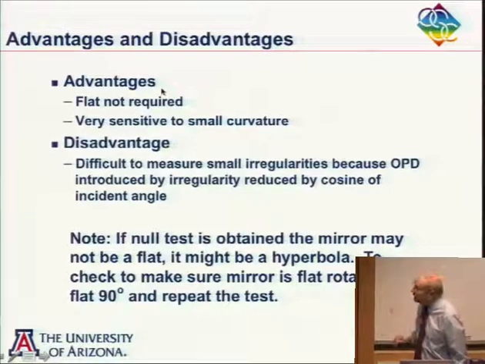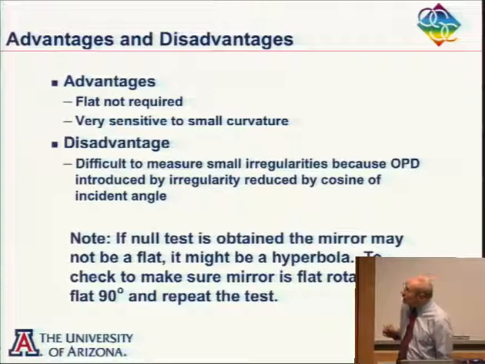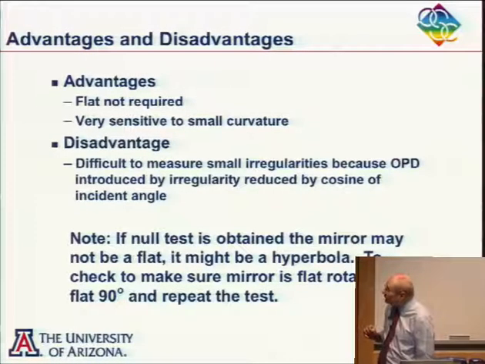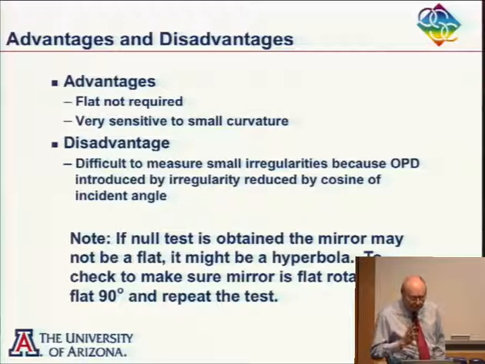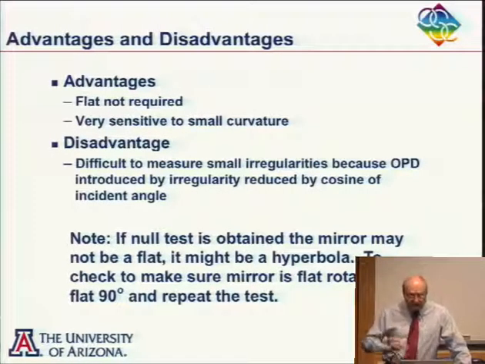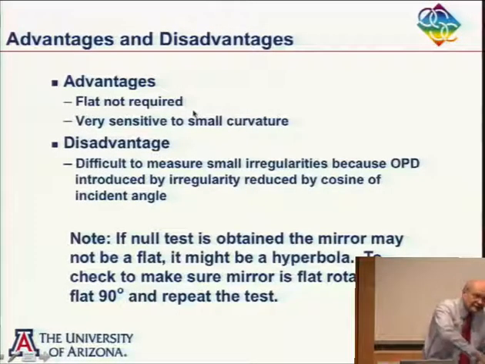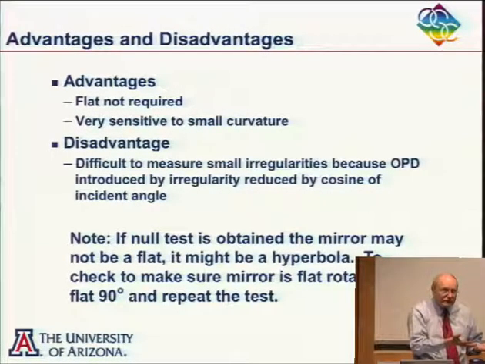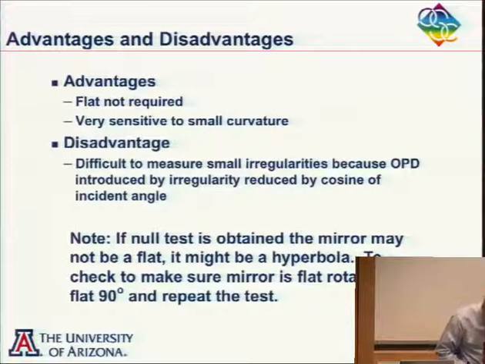Now, if I look at the Ritchie-Common, the advantages: you don't need this large flat. And it's very sensitive to small curvature. Extremely sensitive to small curvature. The problem is, if I'm trying to really measure how good a flat is, when I'm illuminating something at an angle of theta, remember the sensitivity goes down as a cosine of theta.